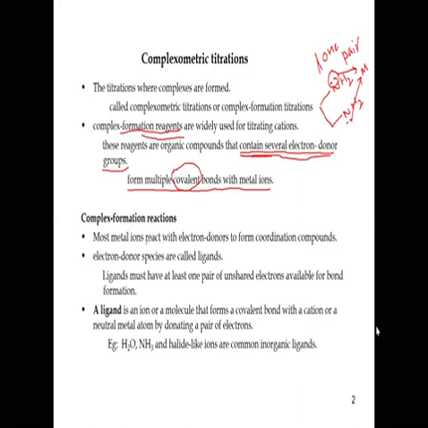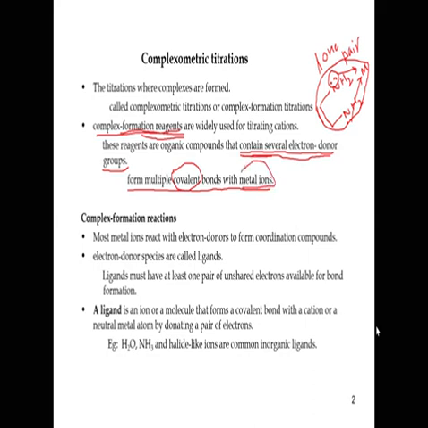It's very important that the metal ion reacts with electron donors to form a coordination compound. Your reagent, the complex formation reagent, reacts with the metal ion, right?